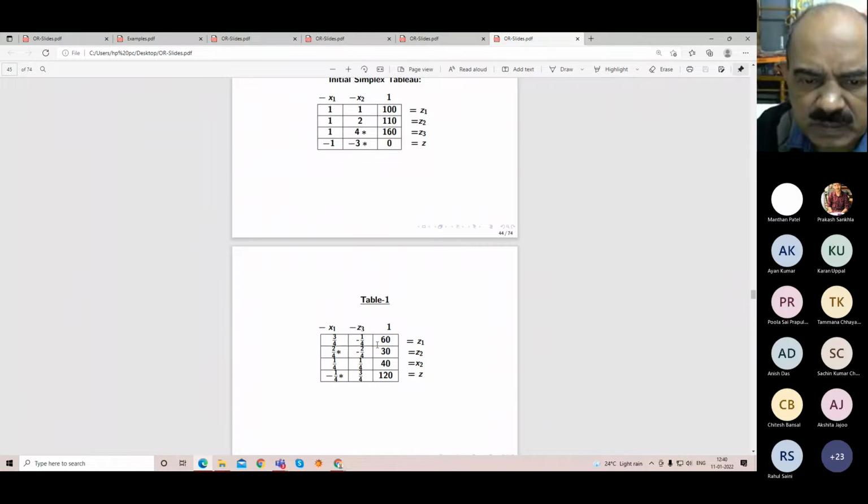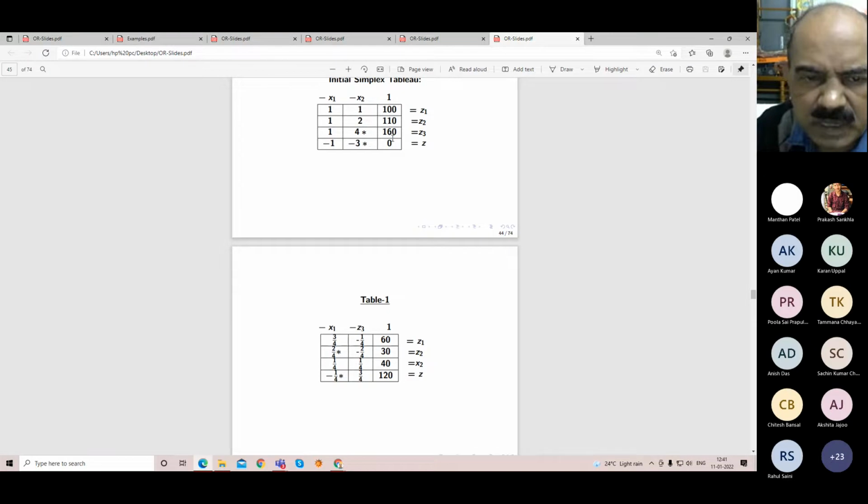So it is 60. Then the second row, third column element: 4 into 110 is 440, minus 2 into 160 is 320. Ultimately we have 120 divided by 4, which is becoming 30. So it is 30.